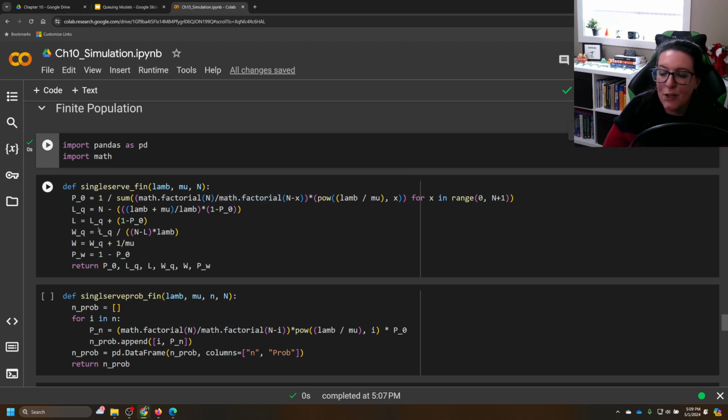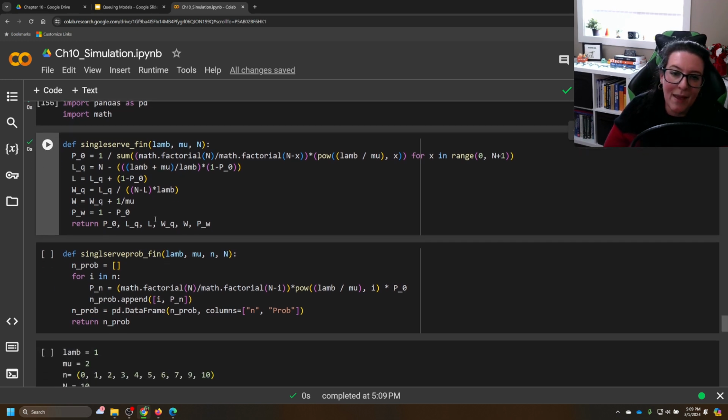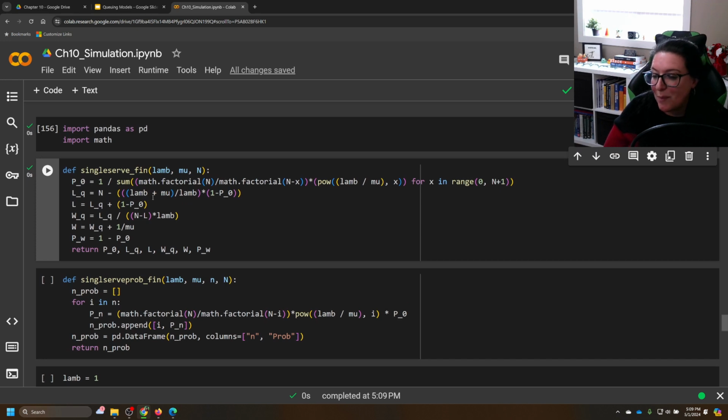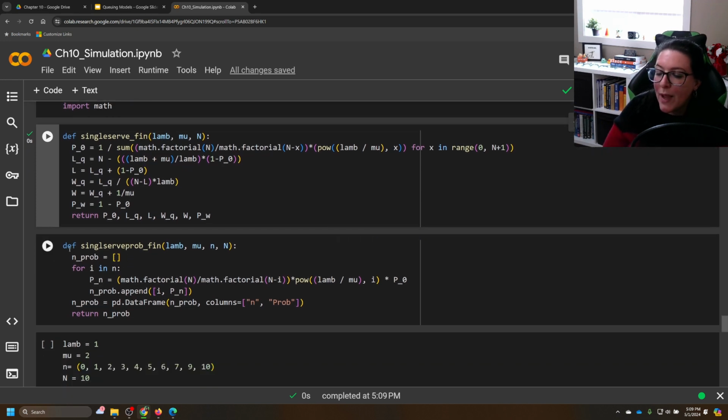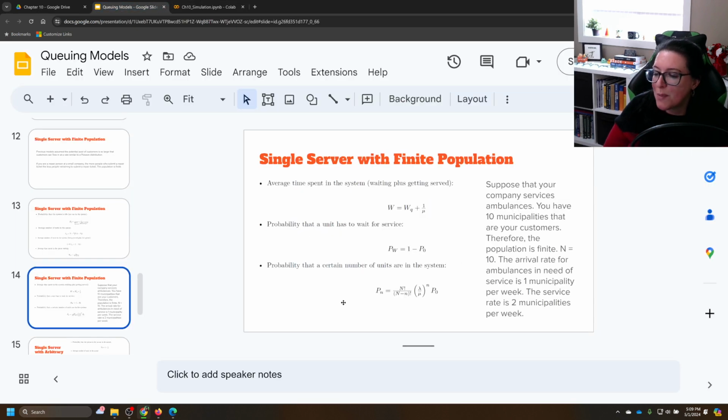So define your formulas, your metrics, put it into a function. And this function is going to be a function of lambda, mu, and capital N being the size of our finite population. We can also do the single serve probability. That's always the last one of these metrics we've been looking at here. It says, what's the probability of a certain number of units in the system?